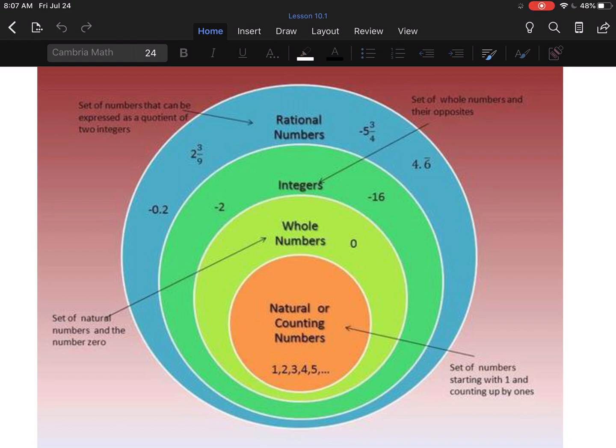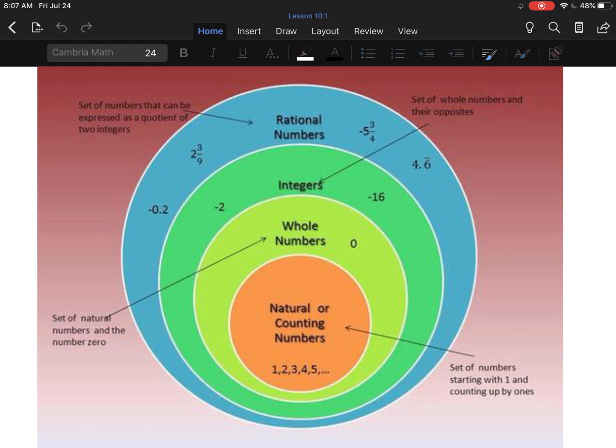So I like to ask a couple of questions. My first question will be, do I count with you? If I say yes, then you belong to the natural numbers, and that means you're also a whole number because you're inside that circle, and you're an integer because you're inside that circle, and you're rational. My second question is, are you 0?